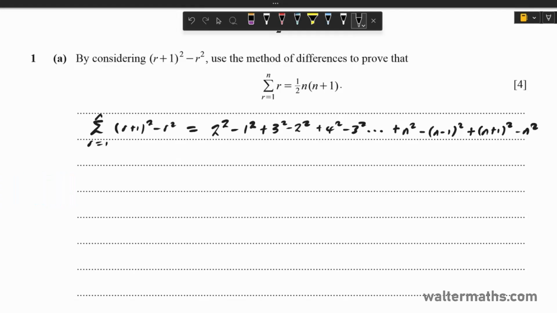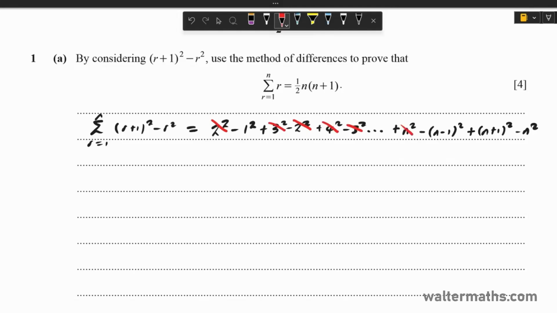And the last term, finally, that's when r is equal to n, it will be n plus 1 squared minus n squared. Right, so for the terms in this series, you can see that if we add these two terms, they give us 0. 2 squared minus 2 squared is 0. 3 squared minus 3 squared gives us 0. So this term will also be eliminated along the way.